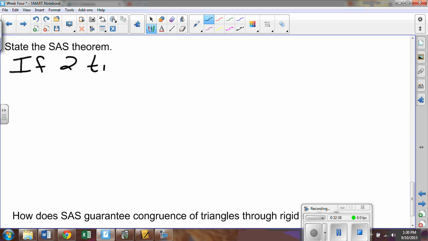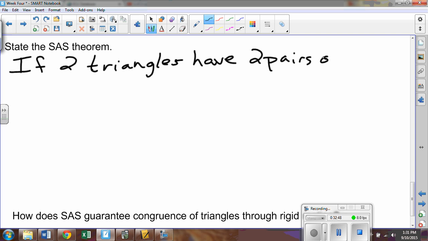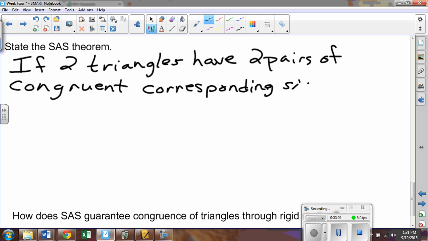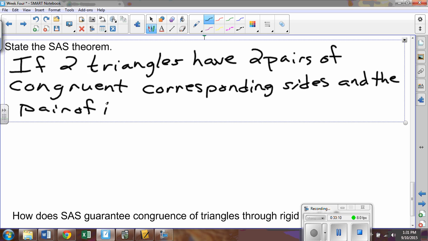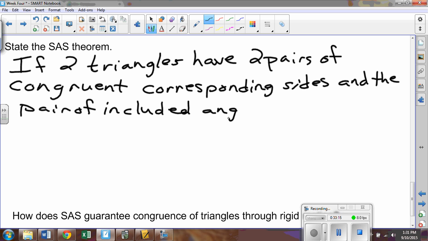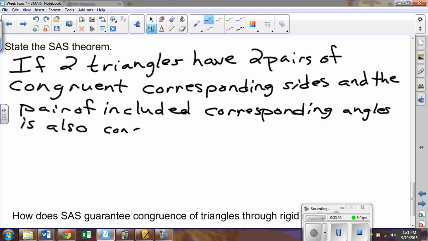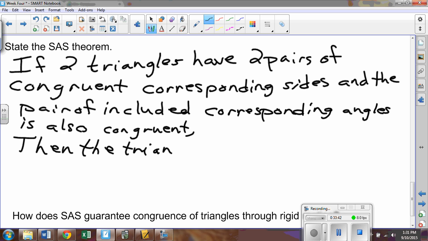If 2 triangles have 2 pairs of congruent corresponding sides, and the pair of included corresponding angles is also congruent, then the triangles are overall congruent.